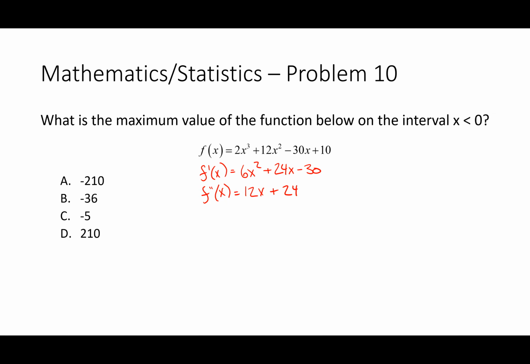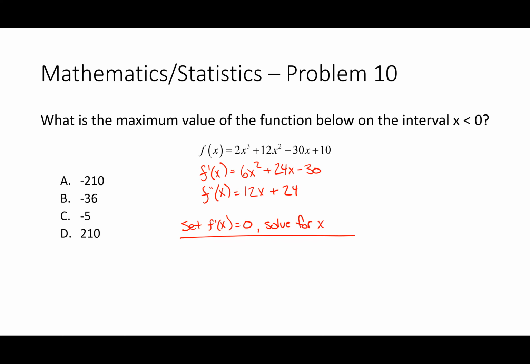Okay. So, what do we need to do? We need to find a maximum value. So the first thing you have to do is find an extrema. And how do you find an extrema? Set f prime equal to 0 and solve for x.